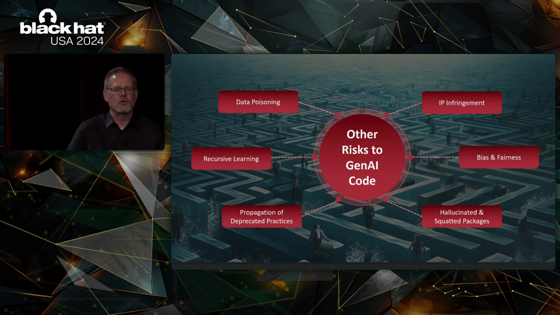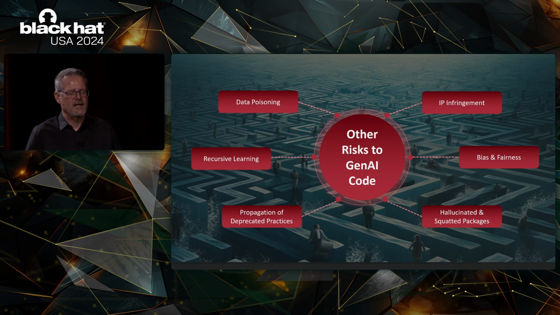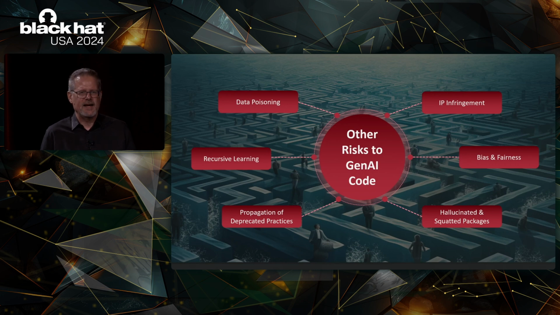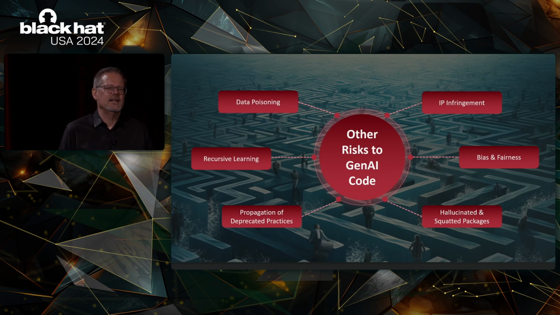Happens a lot with crypto and different API usage. So that's a problem. I already talked about IP infringement. I think bias and fairness is something that is endemic to all LLMs. They get any bias that was written into a code base. They're going to learn that.